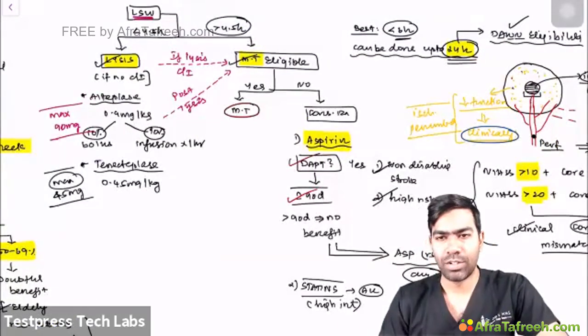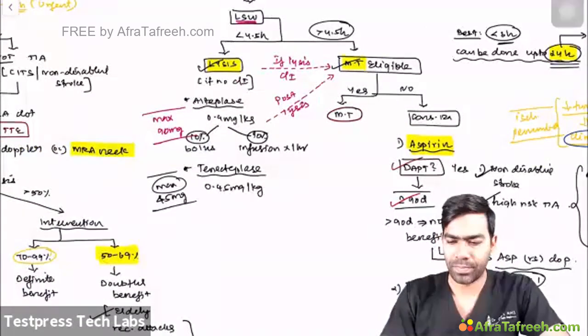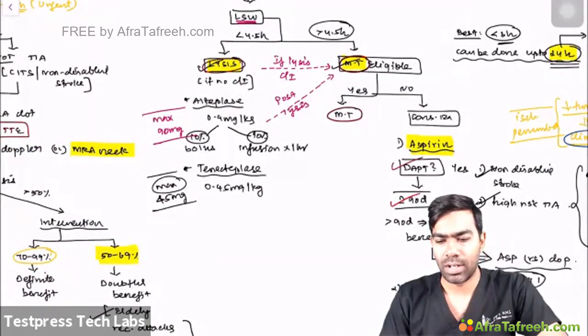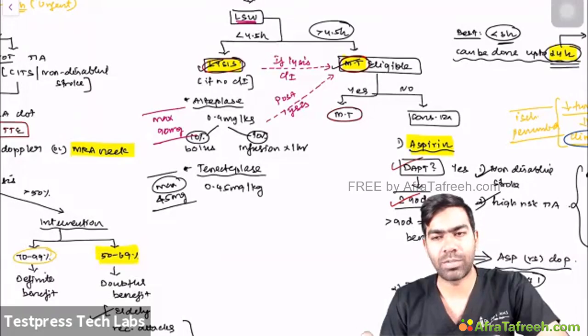Okay, so we didn't come to the point where I told you lysis and mechanical thrombectomy are not that beneficial when it comes to mortality and survival. They only improve the disability.